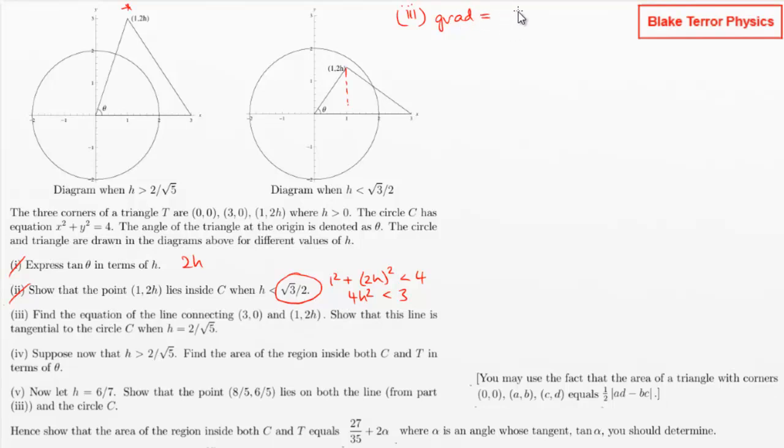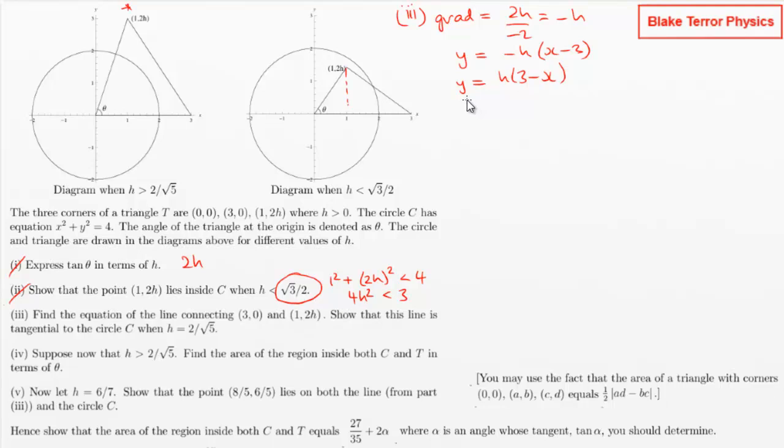Change in y is 2h, change in x is minus 2. So the gradient is minus h. Let's put this into our y minus y1 equals m times (x minus x1) format. So y minus 0 just gives us y is minus h times (x minus 3). We've got y is h times (3 minus x), just to get rid of that annoying little minus sign.